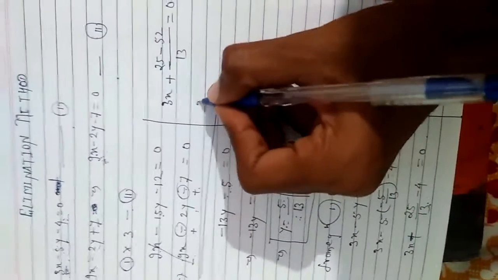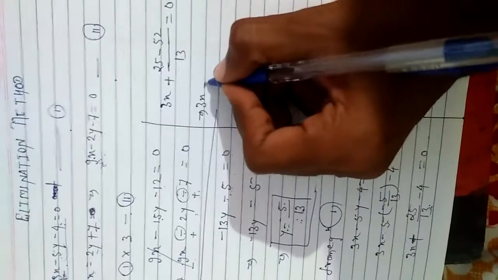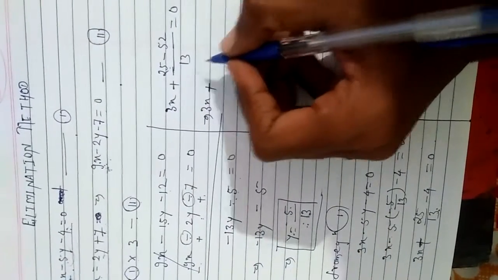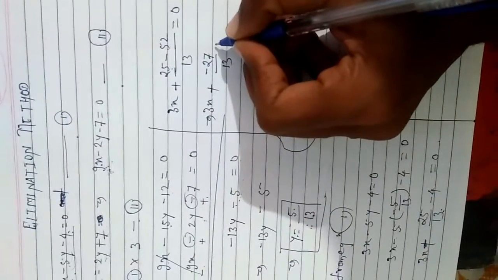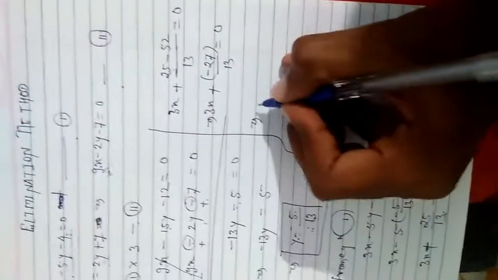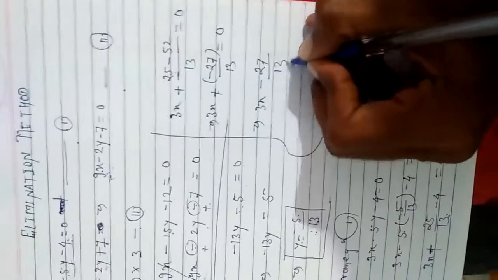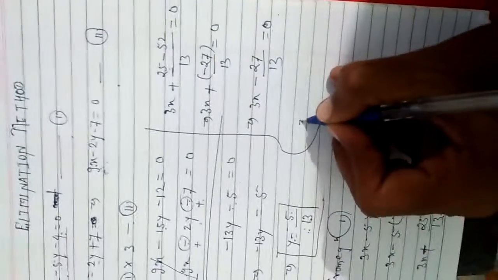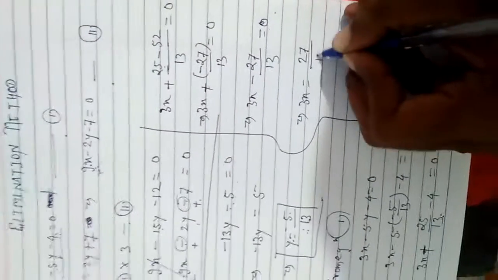Okay, so 3x plus 25 minus 52, that means minus 27 divided by 13 equals 0. So 3x plus into minus, minus 27 by 13 equals 0, and we will take this numerical term on the right hand side, so we'll get 3x equals 27 by 13.